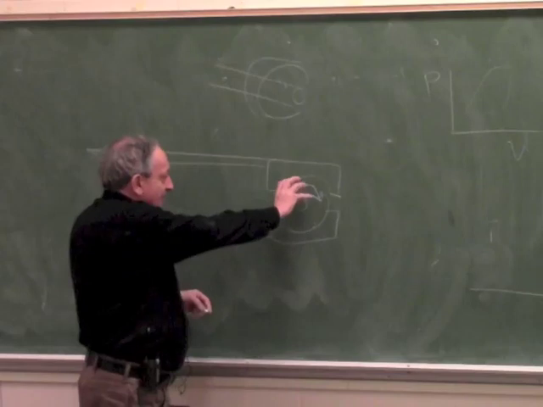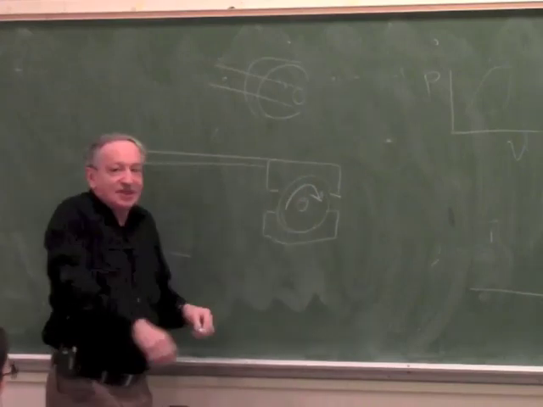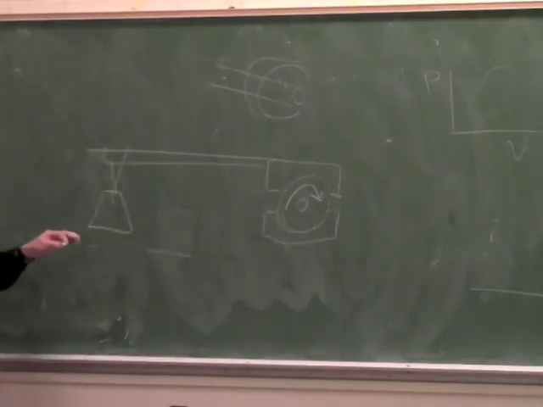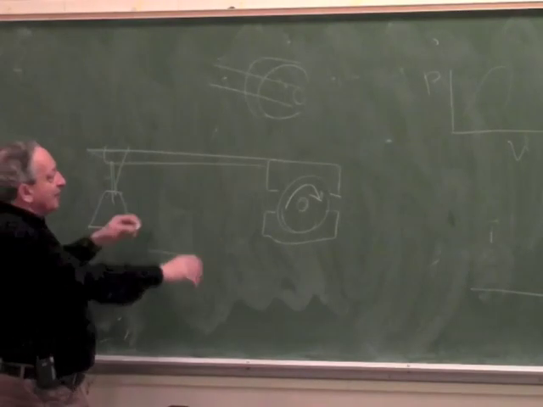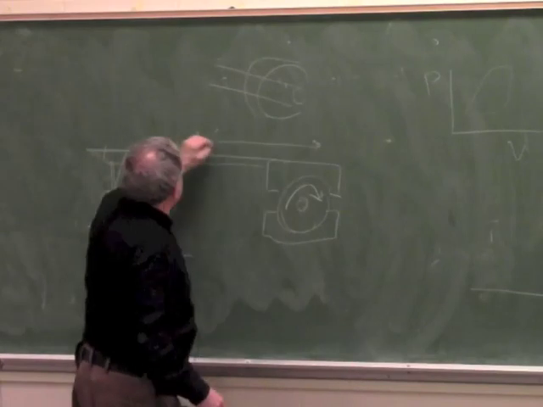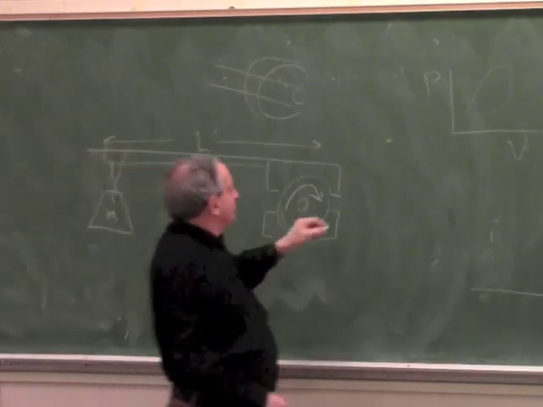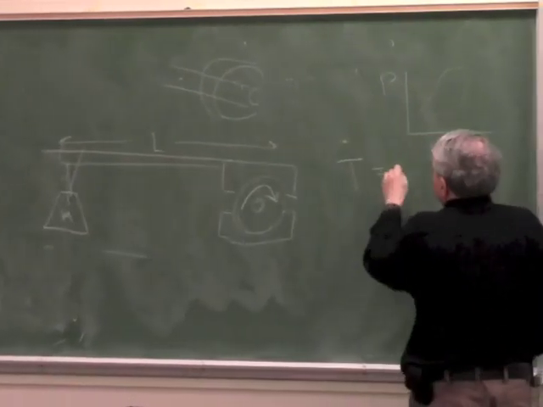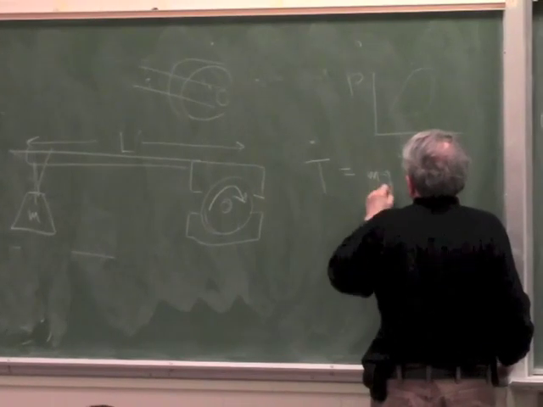You tightened the brake, and you let the motor slip until it balanced. So when it balanced, this was M, this was L. So you knew the torque was M, in this case mgl.